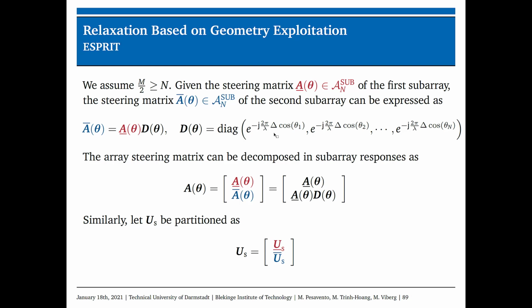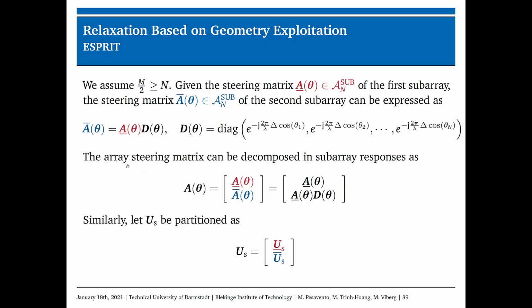That means these diagonal elements lie on the unit circle where the individual exponents depend on the baseline delta and the respective directions of arrival theta 1 to theta n.